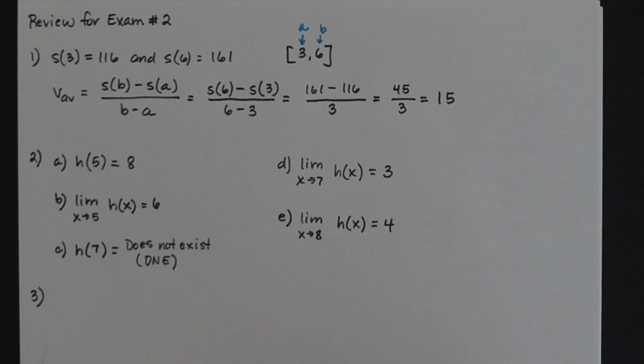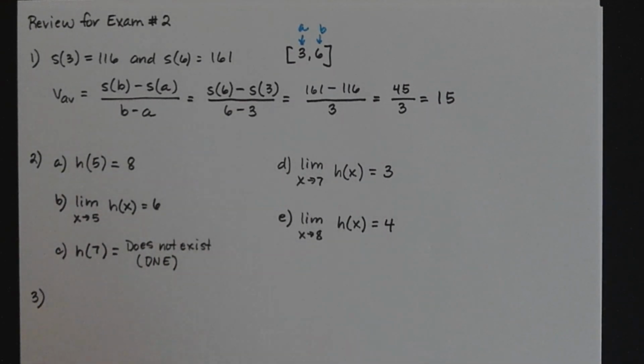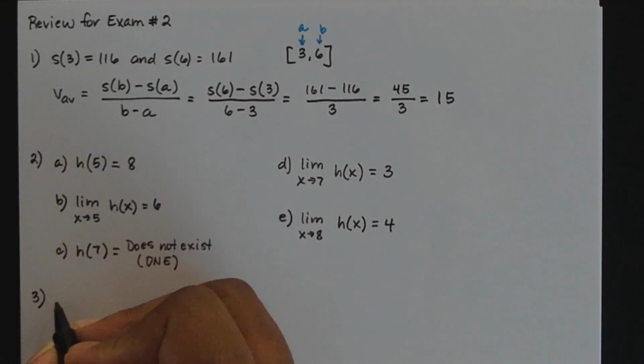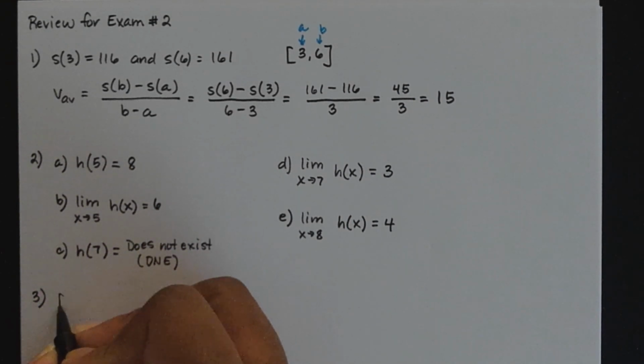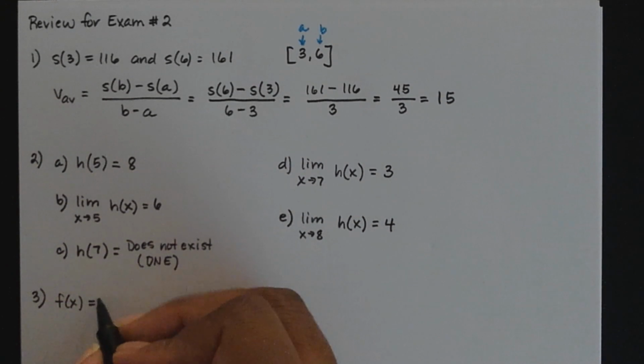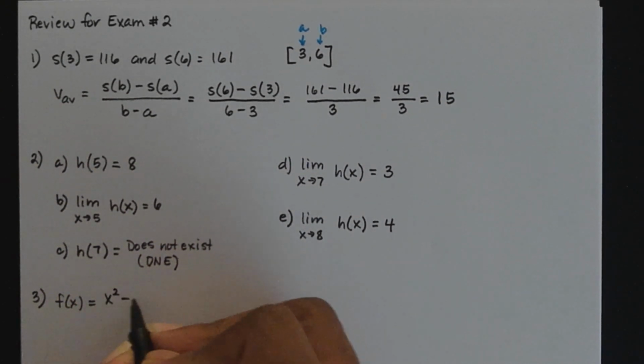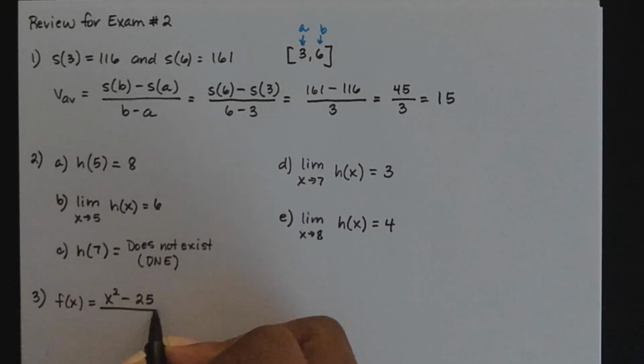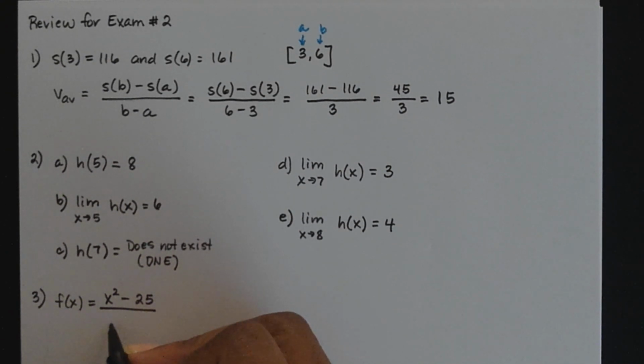On problem number 3, you have, in this case, f of x is equal to x squared minus 25 divided by x plus 5.